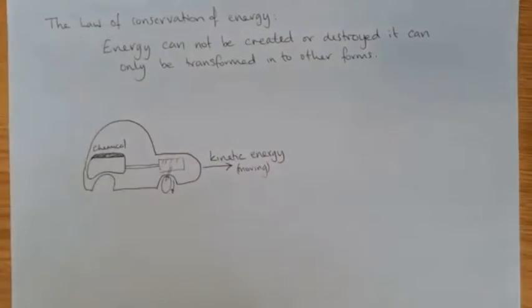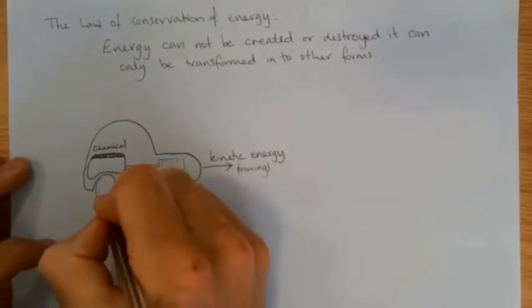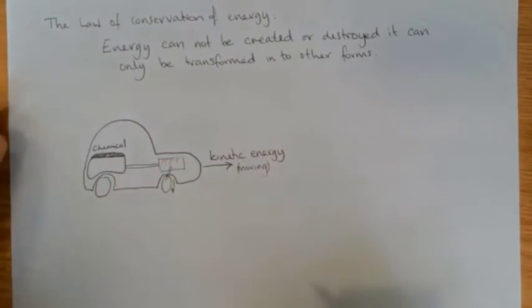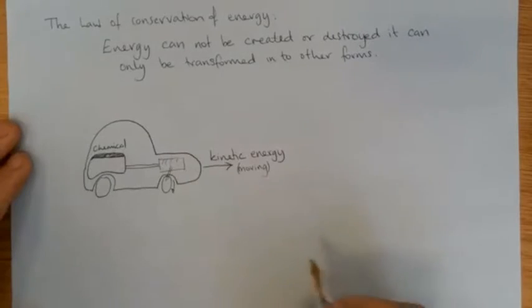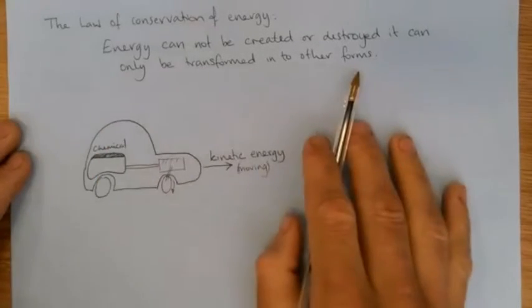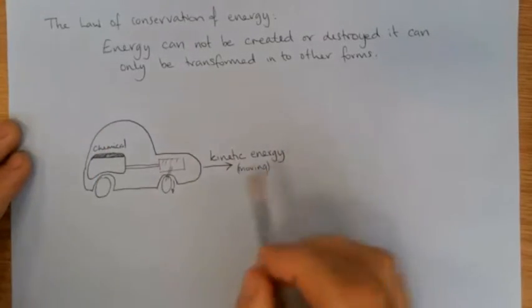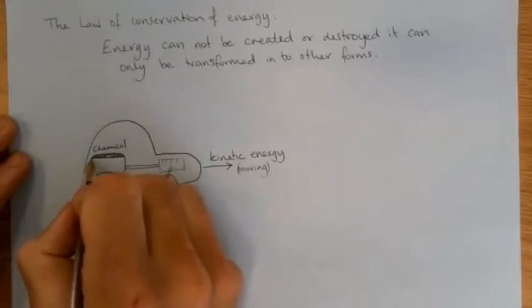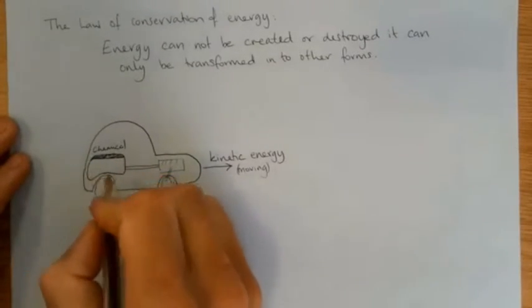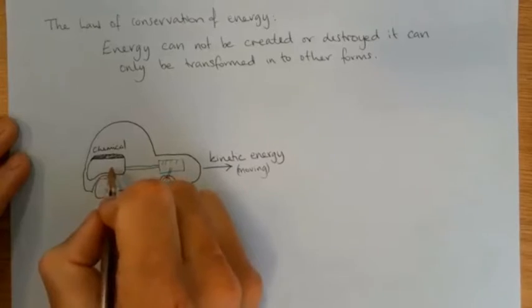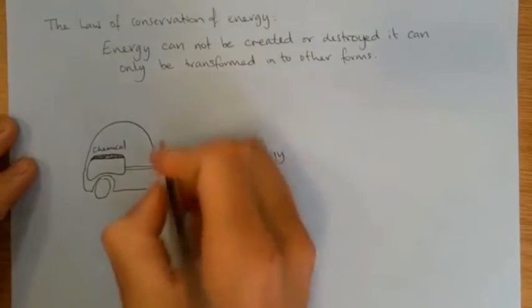This idea of stores, so I mentioned the word stores a couple of times. Stores are a useful way of thinking about energy because of the law of conservation of energy. So as there is a store of chemical energy here, it transforms into kinetic energy.